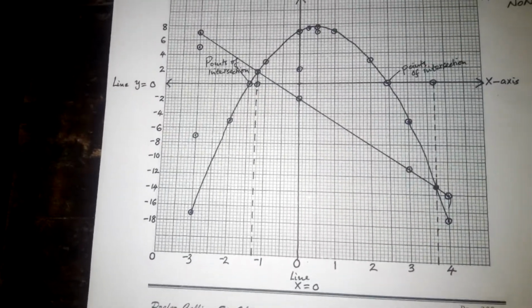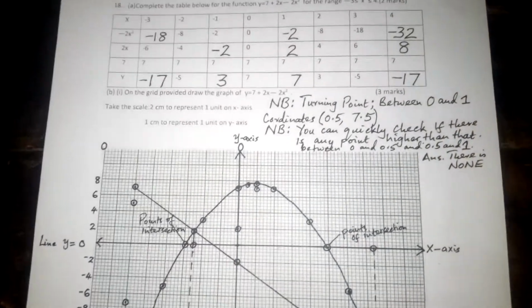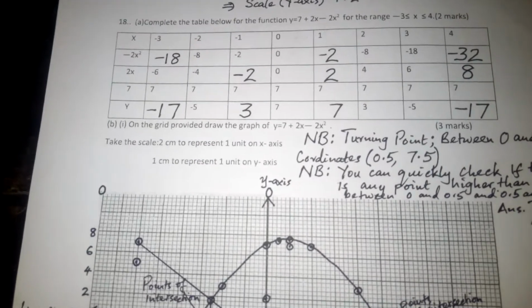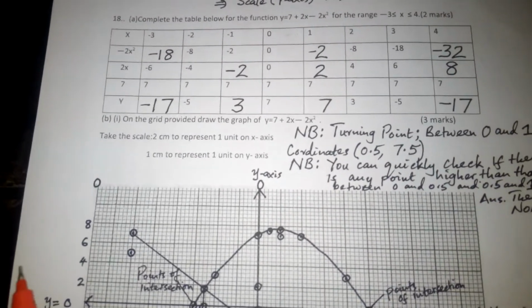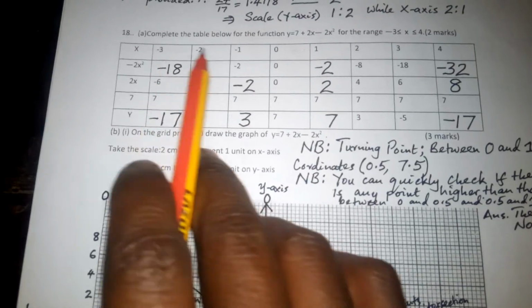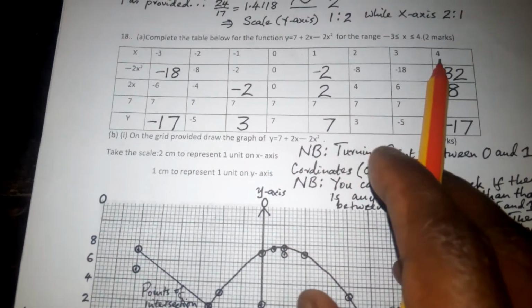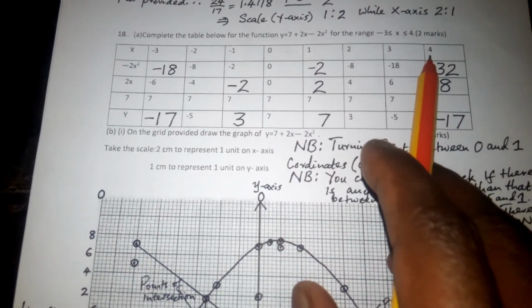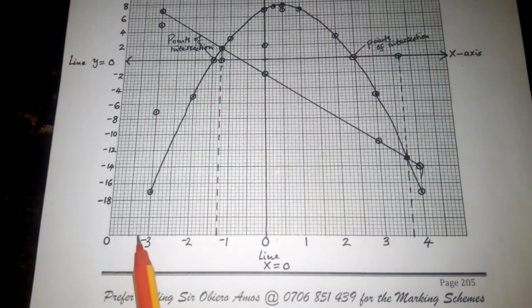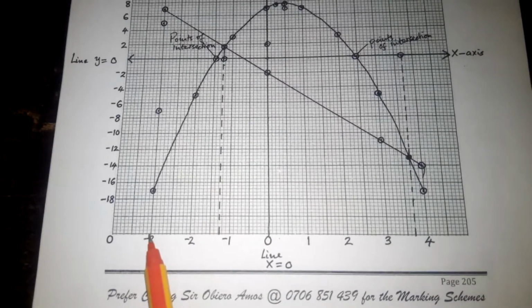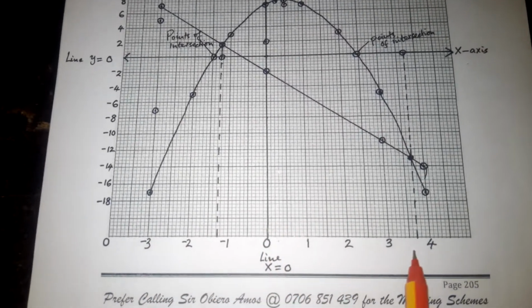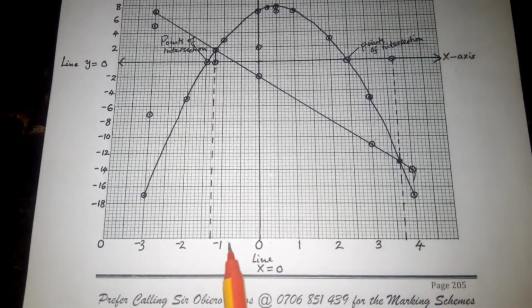You look at the minimum value of x and the maximum value of x. In this case, the minimum value is -3 for x, and the maximum value is 4. So that's why down here we have 2 centimeters representing 1 unit, because we have enough space up to 4 on the x-axis.